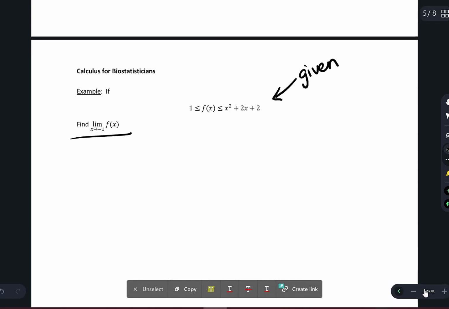So notice that I've got three different functions here. So what I'm going to start out by doing is I'm going to let g of x be equal to the first function. So g of x is just going to be equal to 1. And I'm going to let h of x be equal to the third function.